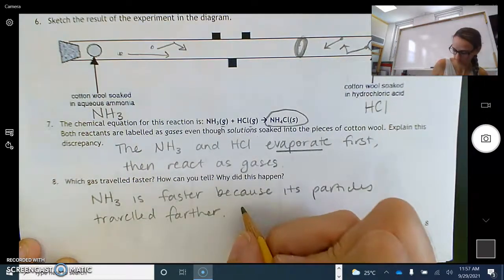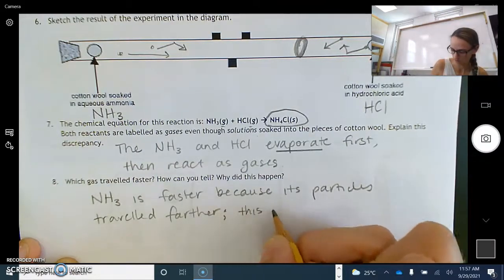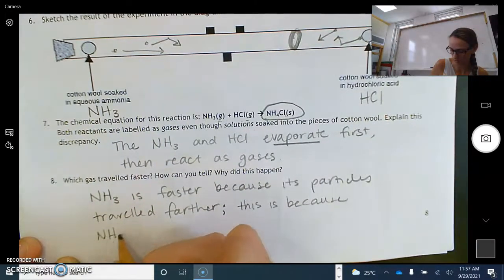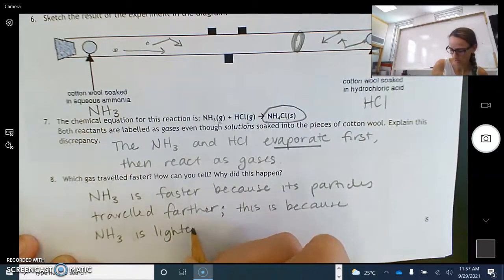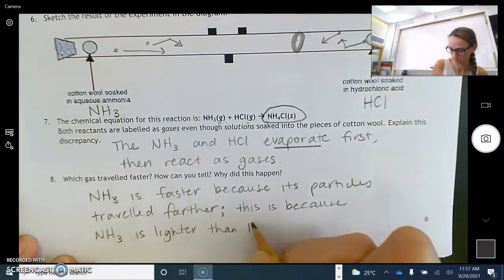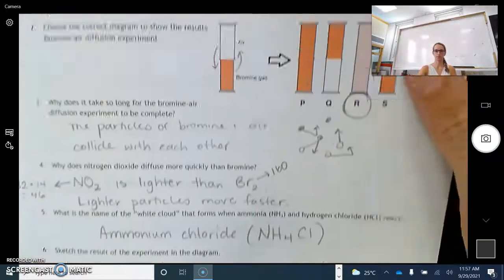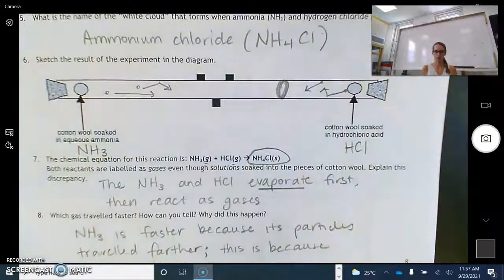Why? Because it's lighter. This is because NH3 is lighter than HCl. So this video went through what diffusion is and the fact that lighter particles diffuse faster.